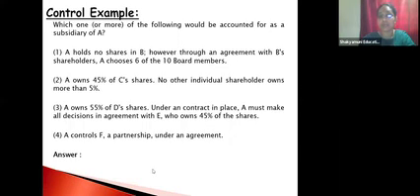E has the power, right? Under a contract, A must make all decisions. A means the other shareholder who owns 55% of shares. The other shareholder has the power to take decisions only in agreement with E. That means E has to accept the decision.